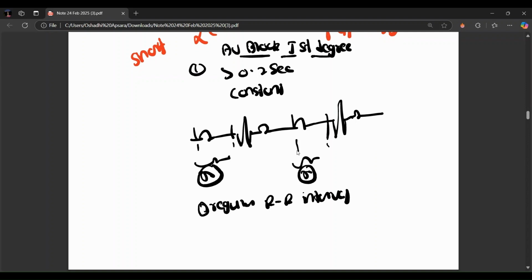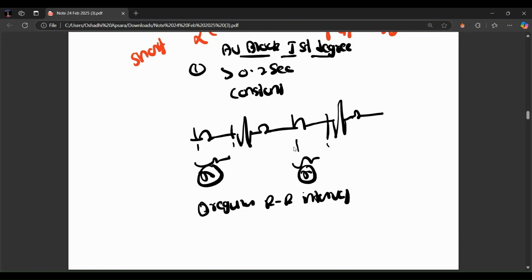and it is constant. This is a P, this is the QRS complex, next the T. So this is the PQ length. We take the PQ length as X. Next again P present, QRS complex, T. This one is also X. It doesn't change. The duration doesn't increase or decrease.